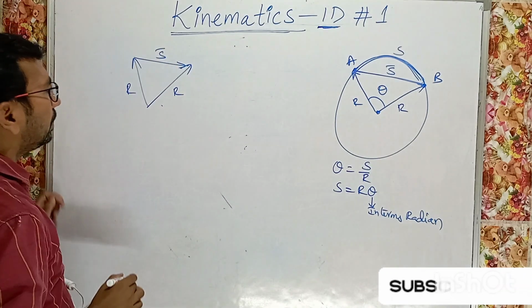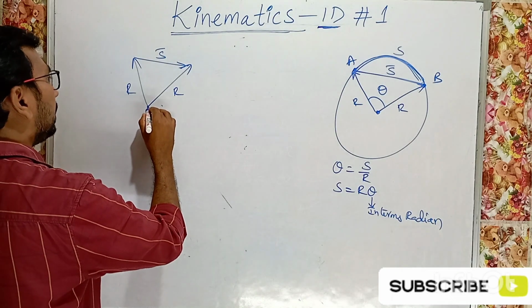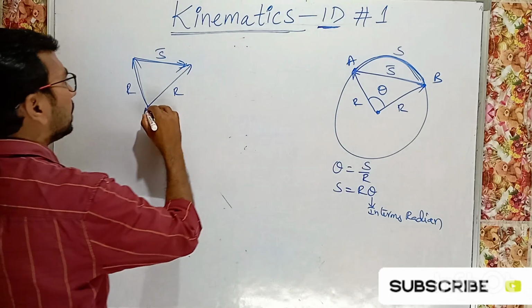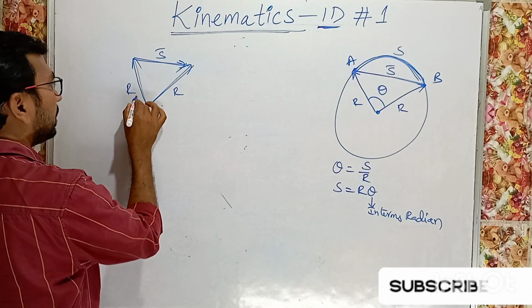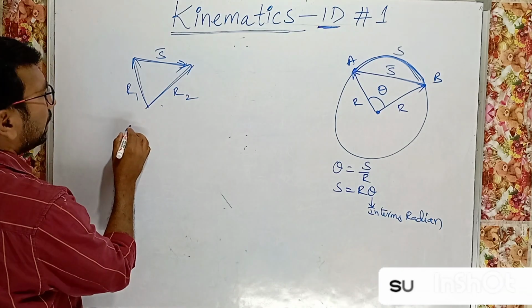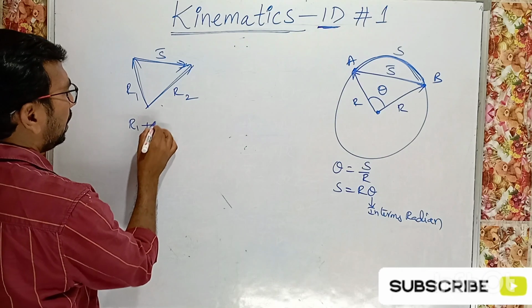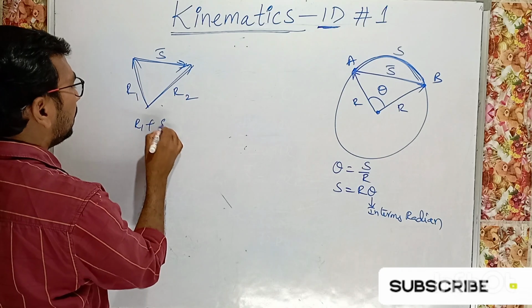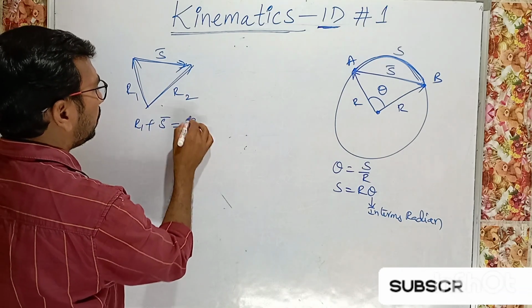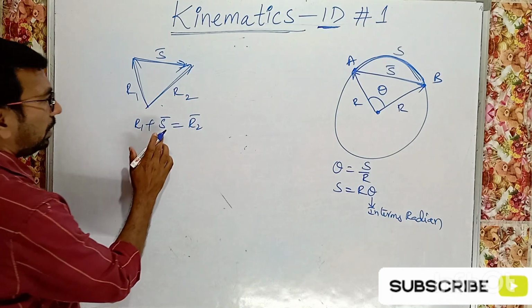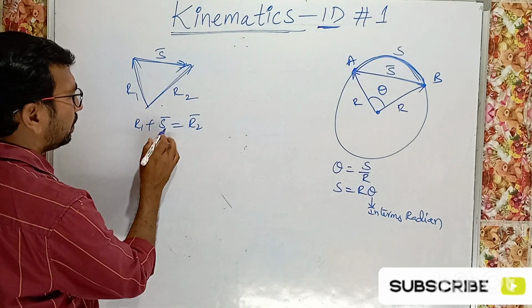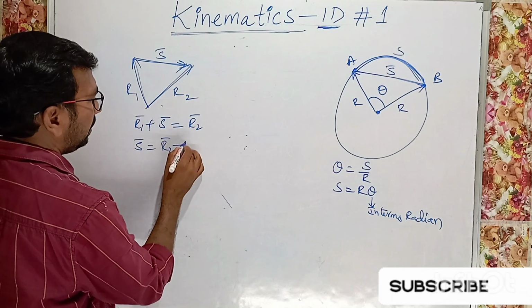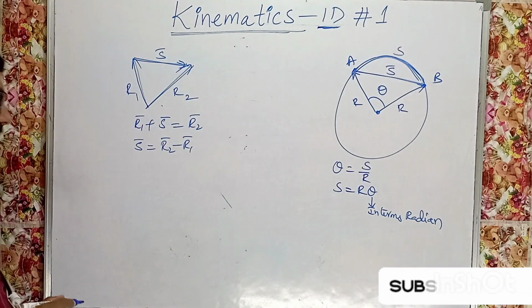This is the initial point. Suppose this is r1 and this is r2. Then r1 plus S bar is equal to r2 bar, so S bar is equal to r2 bar minus r1 bar.